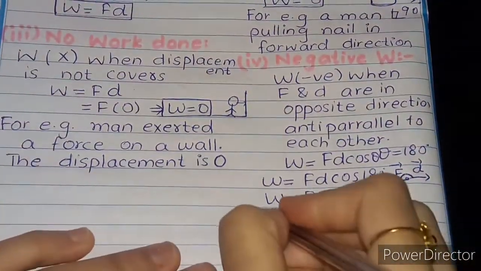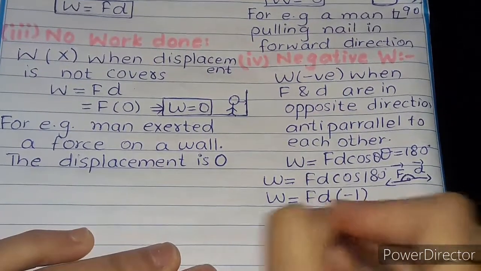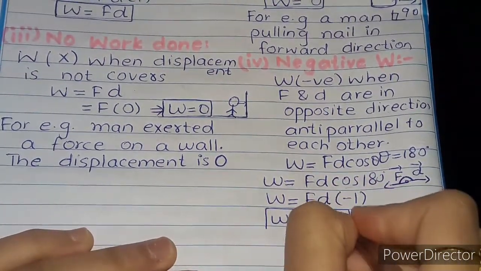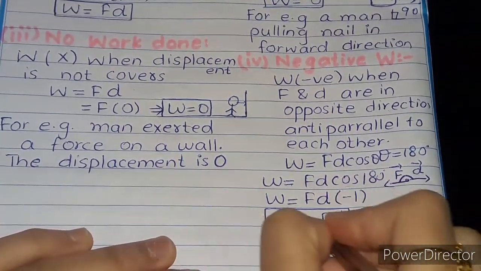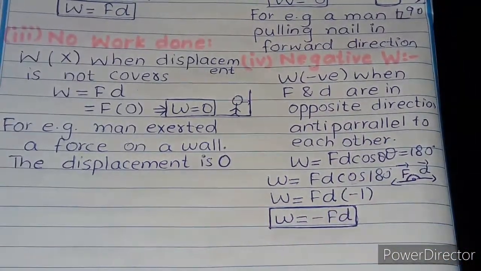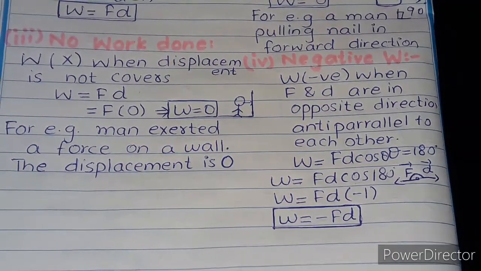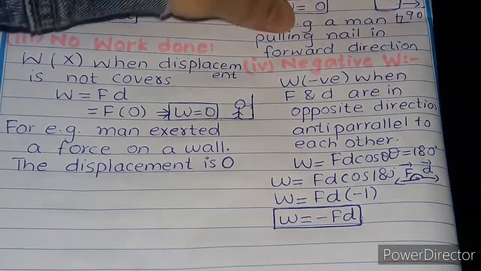So work done would be minus Fd, negative work done. So this is the solution of comprehension question number 1. Now we will do question number 4.